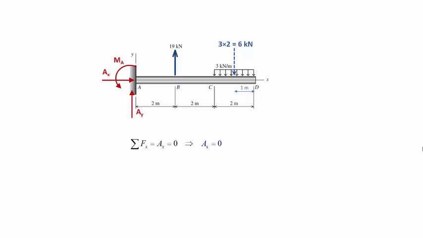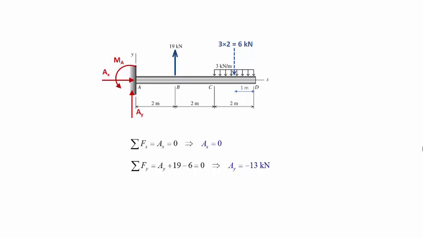The next equation of equilibrium would be summation of forces along the vertical direction. So we have the reaction force AY, the 19 kilonewtons acting upwards, and then we have the statically equivalent load of the uniform distributed load, minus 6 because it's acting downwards.